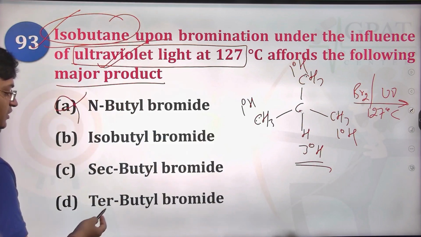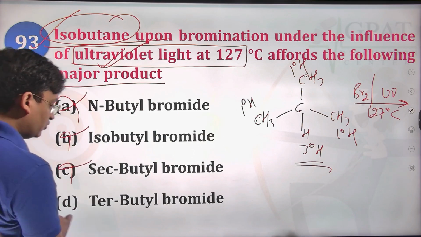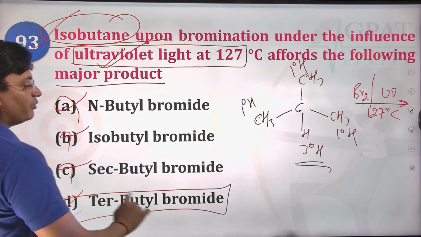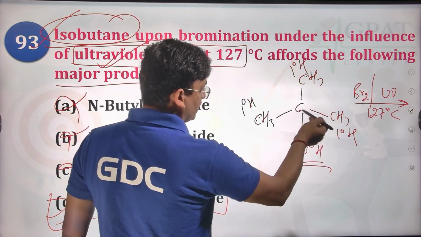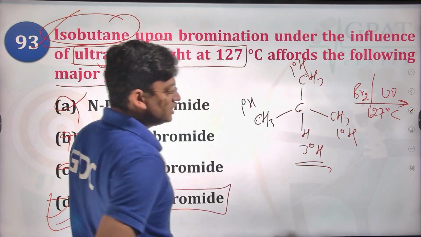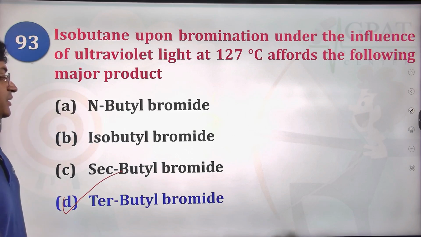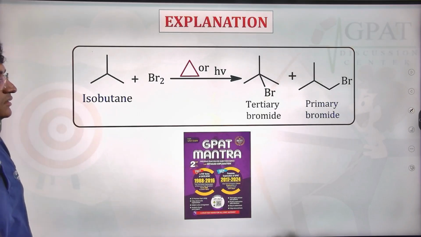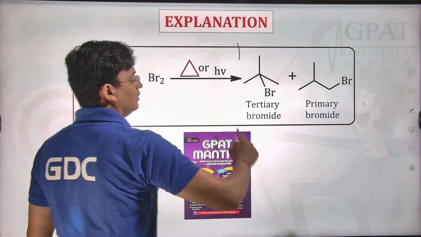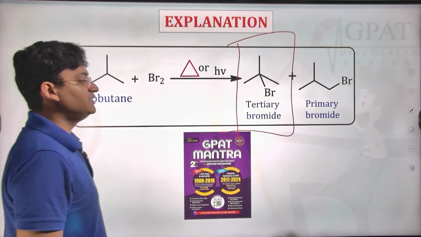Isobutyl bromide, secondary butyl bromide or tertiary butyl bromide? Yes, tertiary butyl bromide. So when we are attaching bromine here, we are getting a tertiary butyl bromide. So yes, D is the right answer. D will be the right answer. That is isobutyl, my bad, tertiary butyl bromide.